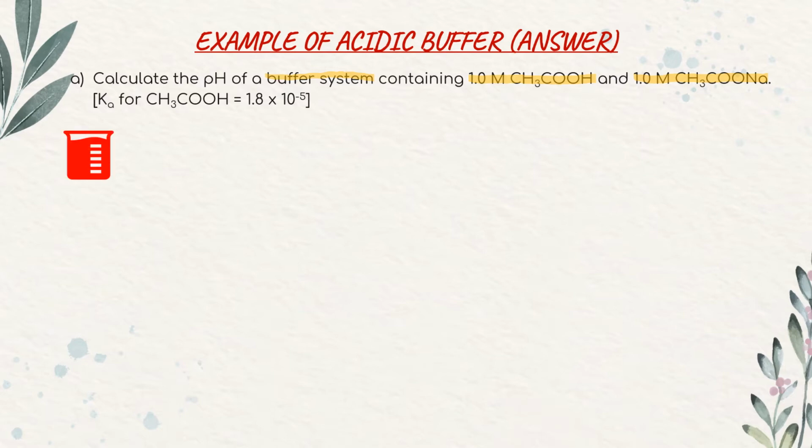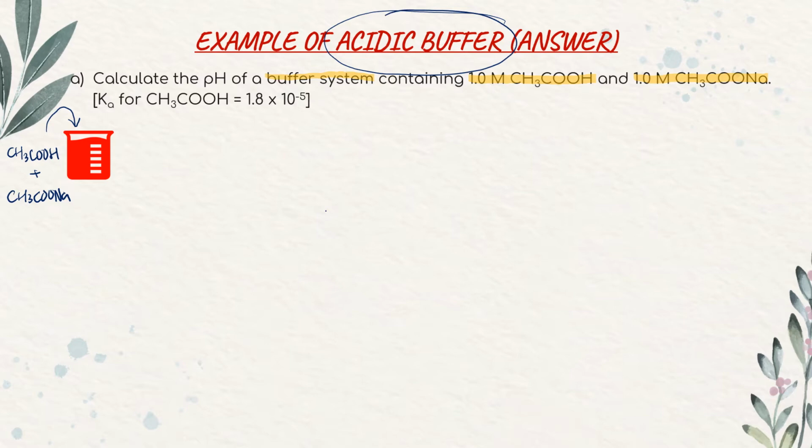So, as you can see over here, kita tambah, we add into the system, ke dalam beaker kita, CH3COOH dan CH3COONa. So, identify. Ethanoic acid, ada Ka dekat sini, meaning this is a weak acid. Dan kita ada dia punya conjugate base dekat sini. So, meaning apa yang kita ada sebenarnya adalah an acidic buffer.